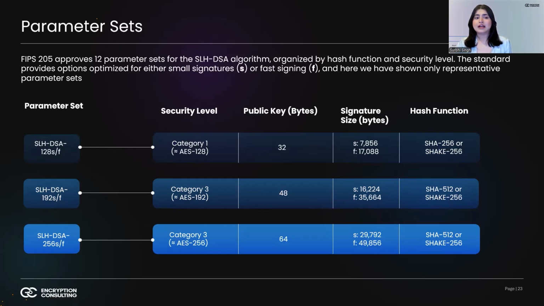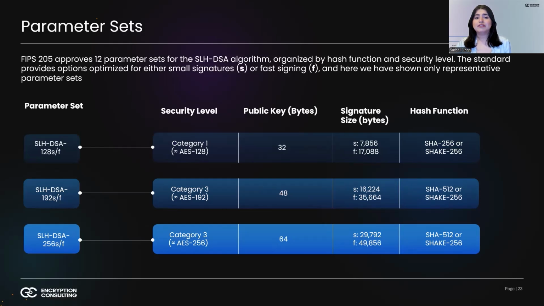The 12 sets cover all three main security categories, aligning with AES-128, AES-192, and AES-256 levels. But look at the practical implication of the size trade-off. At the lowest security level, or category 1, the S version produces a signature of about 7,800 bytes.